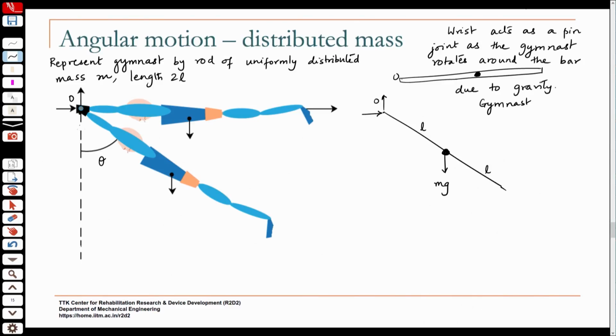You have seen that in the Olympics, they will hold them in that position and then let them go from the horizontal position. They sometimes do this upside down. They have their feet in the rings and their arms outstretched and then move down like that. So, they can be modeled as a rod like this.